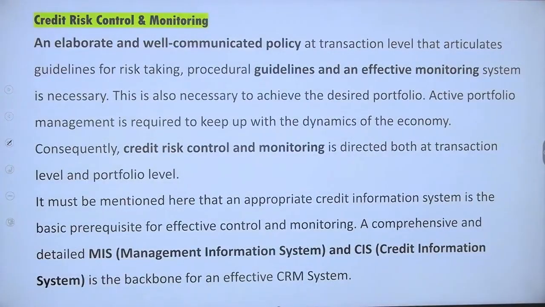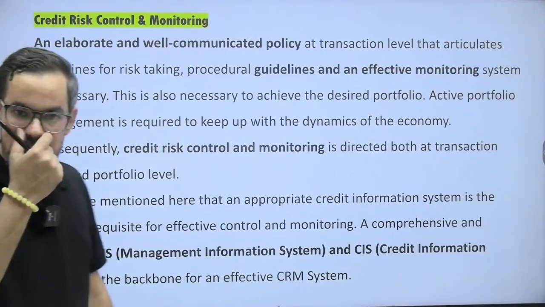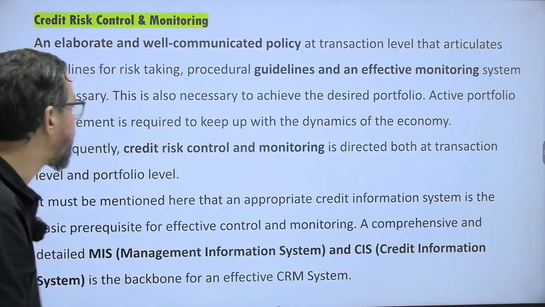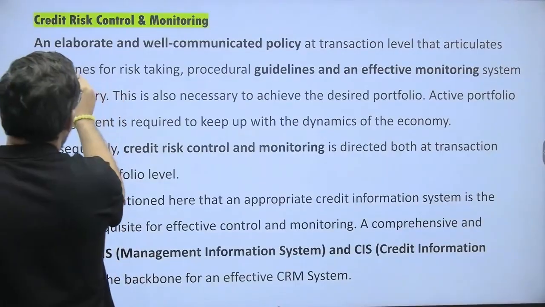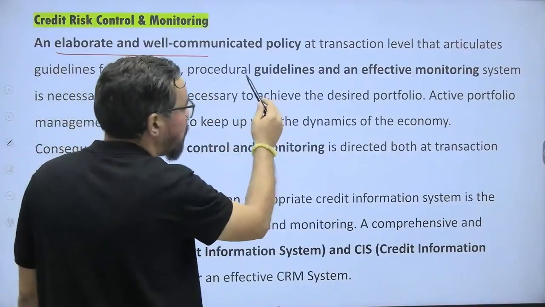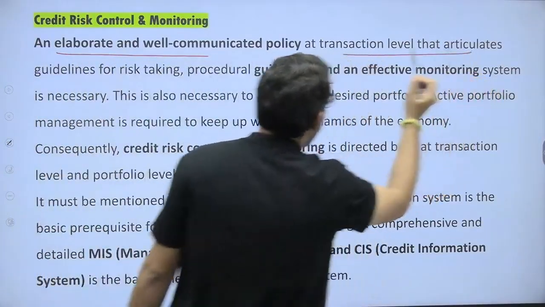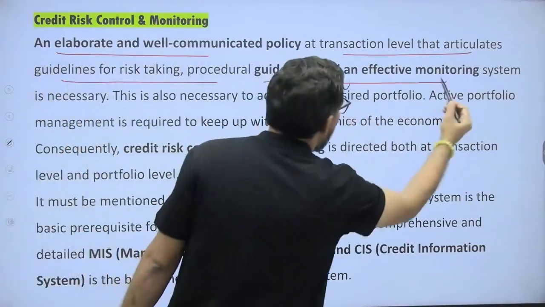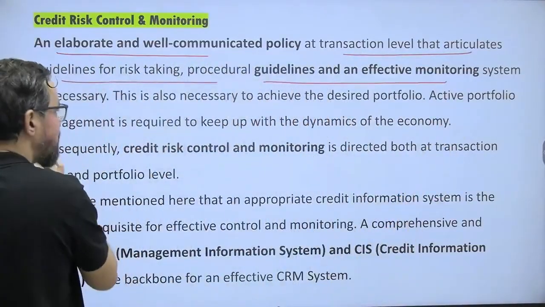Credit risk control and monitoring. We have the MIS system, we have LRM, and we have some other tools also. An elaborate and well communicated policy at the transaction level that articulates guidelines for risk taking procedures and an effective monitoring system is necessary.